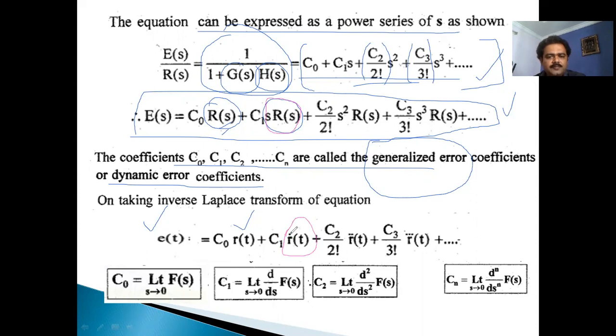Okay, and S square multiplied with R of S, the inverse Laplace of S square into R of S, is r double dot of t. R double dot simply means d square r by dt square. Okay, and so on.